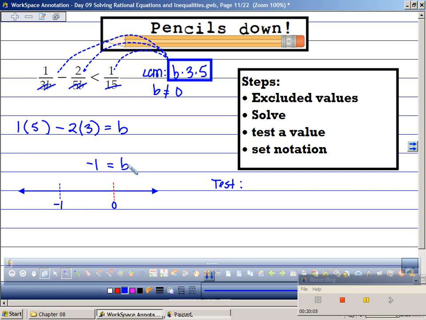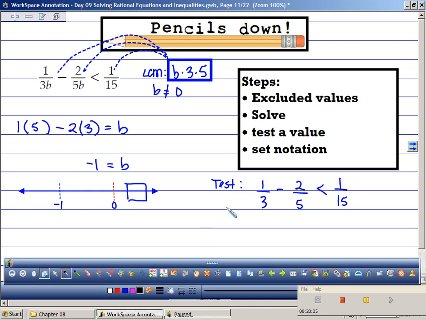Okay, guys, so what would you like to test over here? 1. So let's test 1. If B was, let's erase this so we can see it. If B was 1, this would be 3 minus 2 over 5 is less than 1/15. So what do I have to do, Evan?